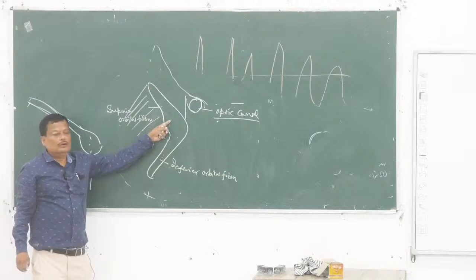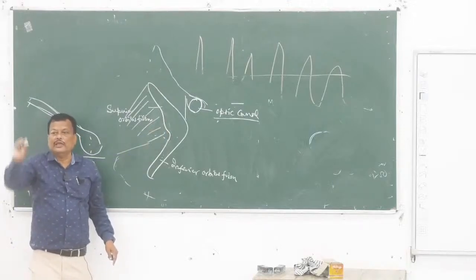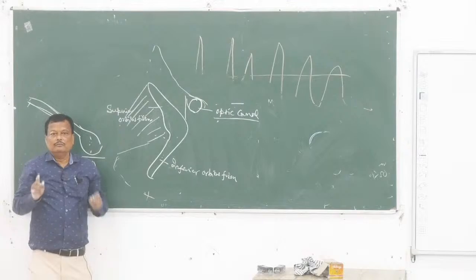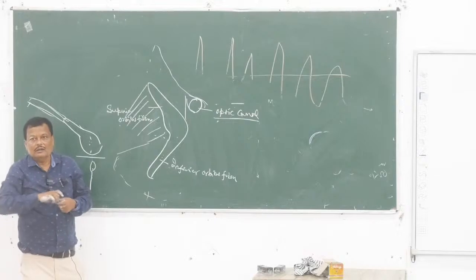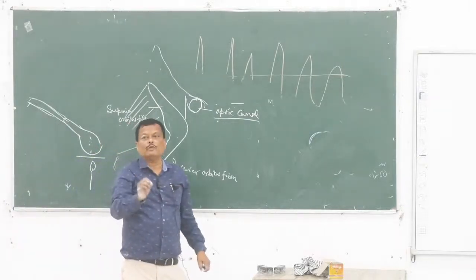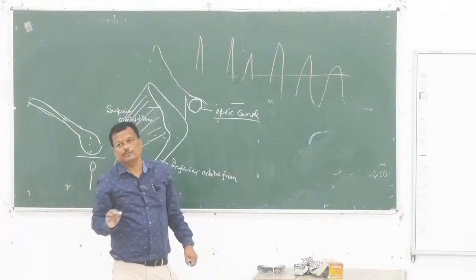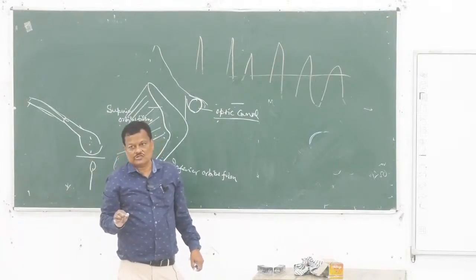Here, see another thing: there is a round shaped fibrous ring. Please listen to this: there is a round shaped fibrous ring like a tire or rubber band, but this rubber band is not made up of rubber, it is made up of dense connective tissue. We call this annulus tendinous.